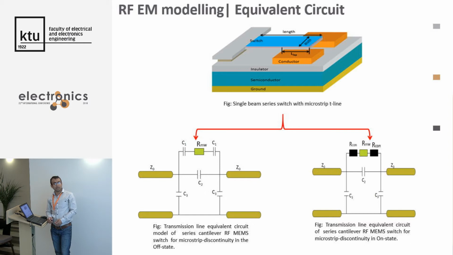For better understanding, we need to analyze it in terms of lumped elements, so we need to get the equivalent circuit. Here we can see that in the off state we have a resistance with the gap capacitance, and C2 is the gap capacitance between the switch and the conductors.